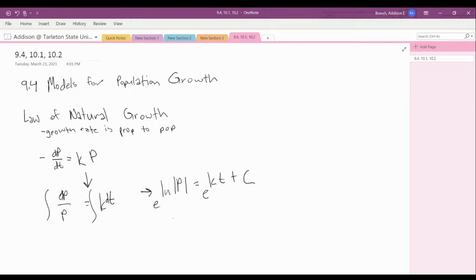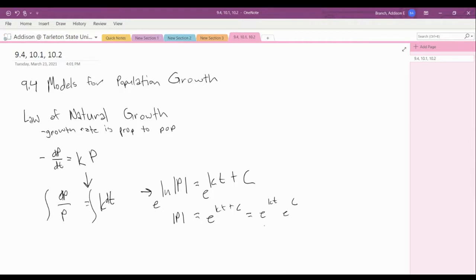So we get the absolute value of P is equal to e to the kt plus C, and we can break this up into e to the kt times e to the C.